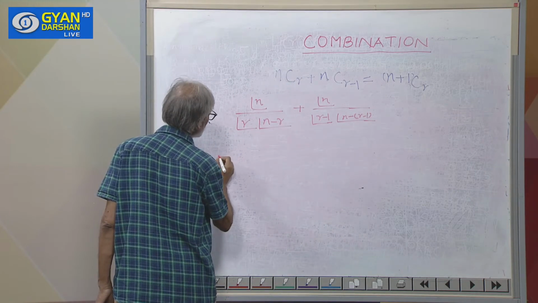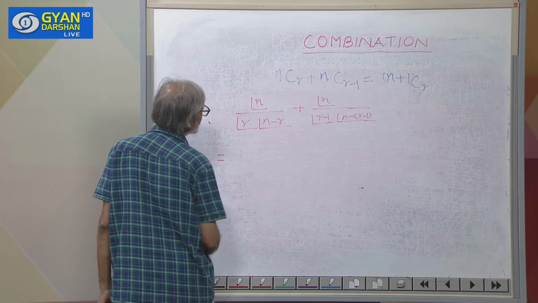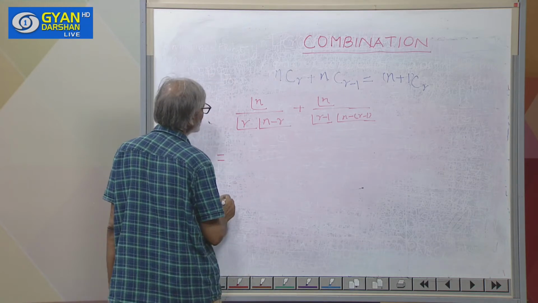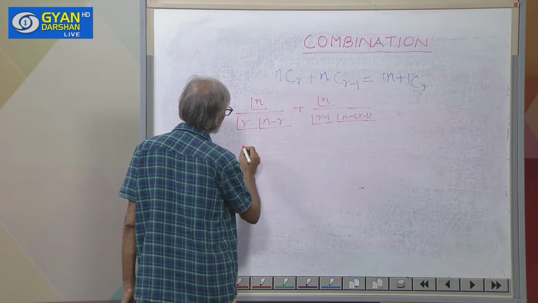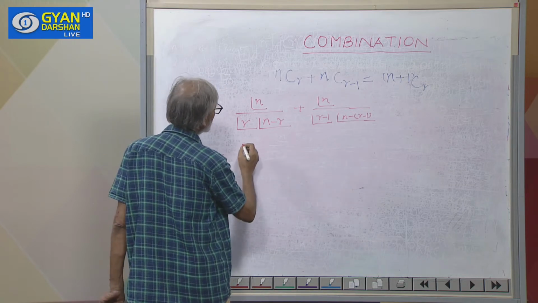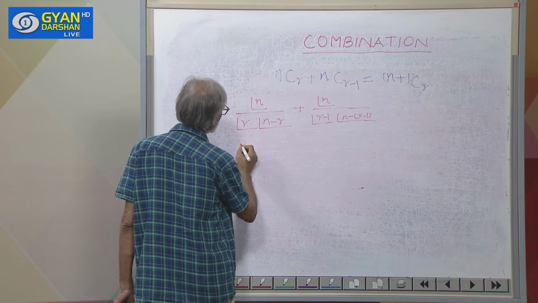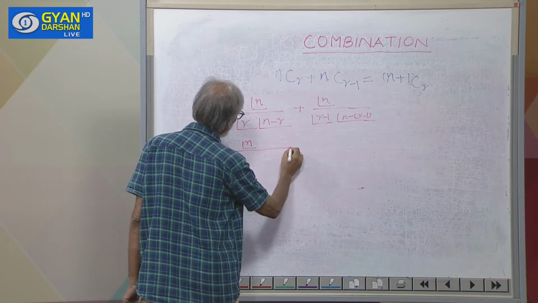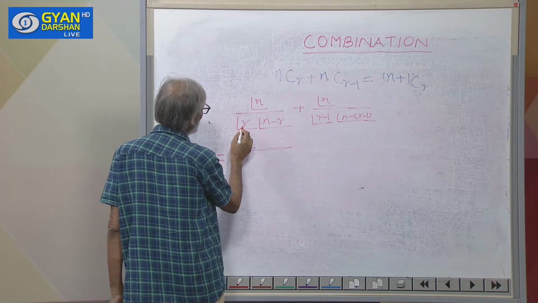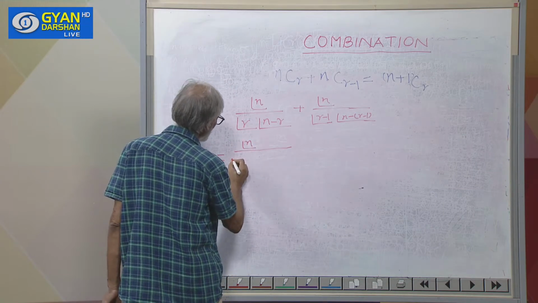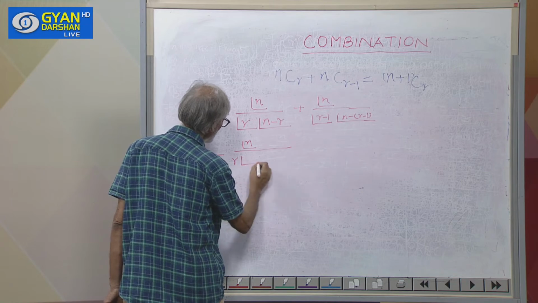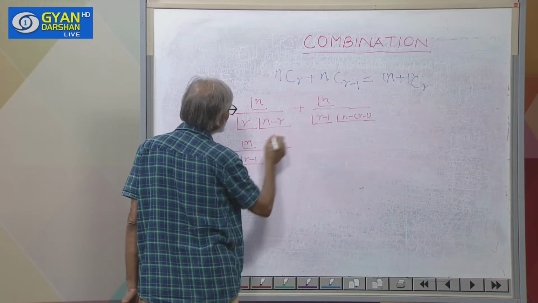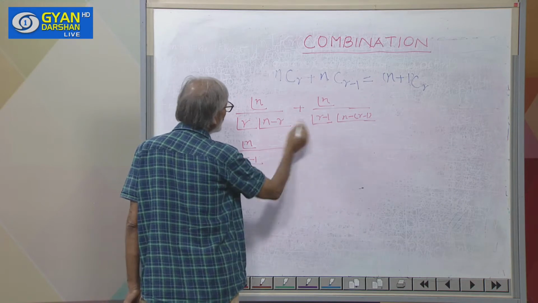So, this will be equal to factorial n upon, in place of factorial r, I will write r into factorial r minus 1, because here factorial r minus 1 is present. So, I want to take common out of this.